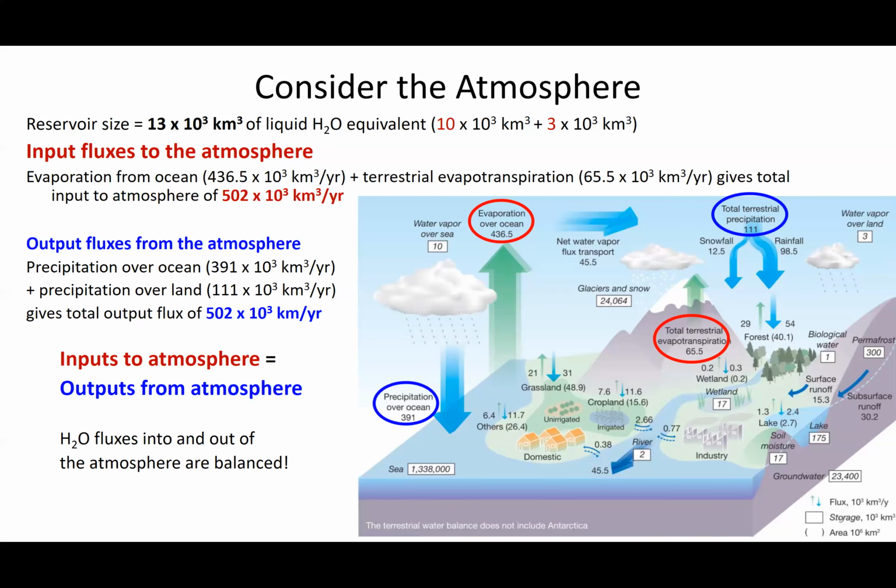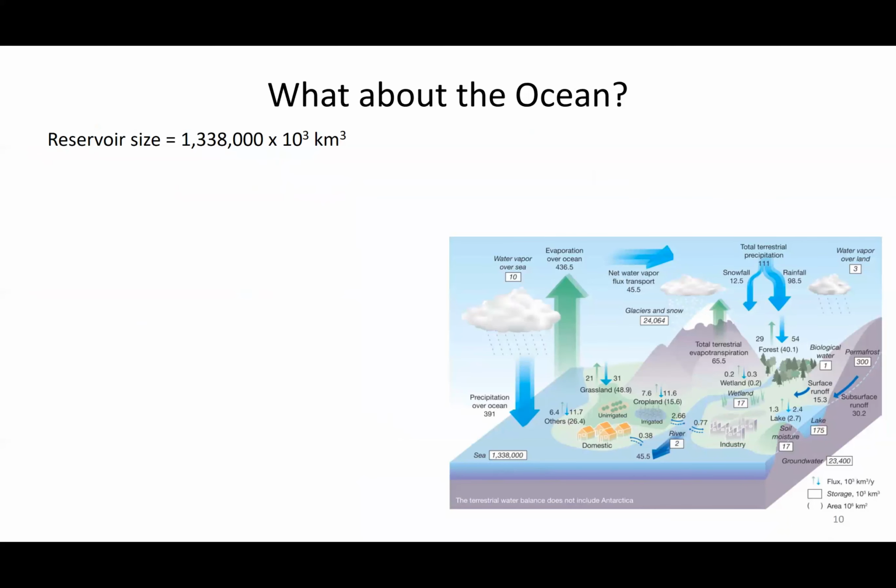Let's now move on and have a look at the ocean. In the case of the ocean, the reservoir size, as we noted before, was over 1 billion cubic kilometres of water. The input fluxes to the ocean are, looking closely at this diagram again, here's the biggest input flux, which is the precipitation over the ocean from the atmosphere overlying the ocean.